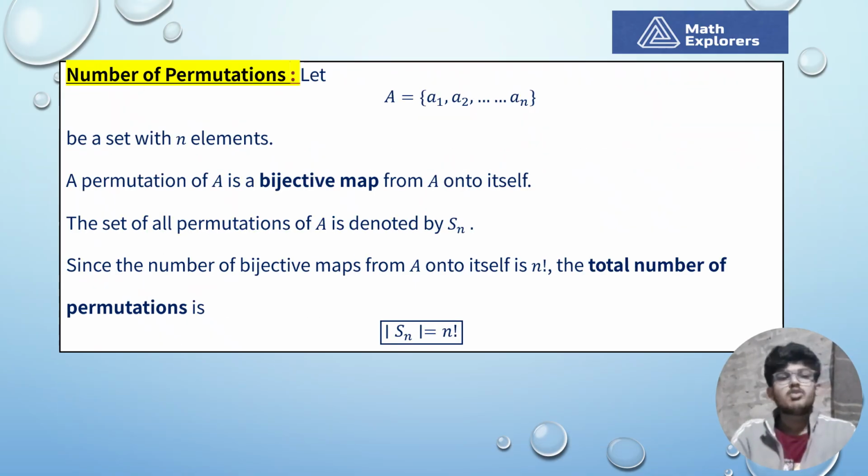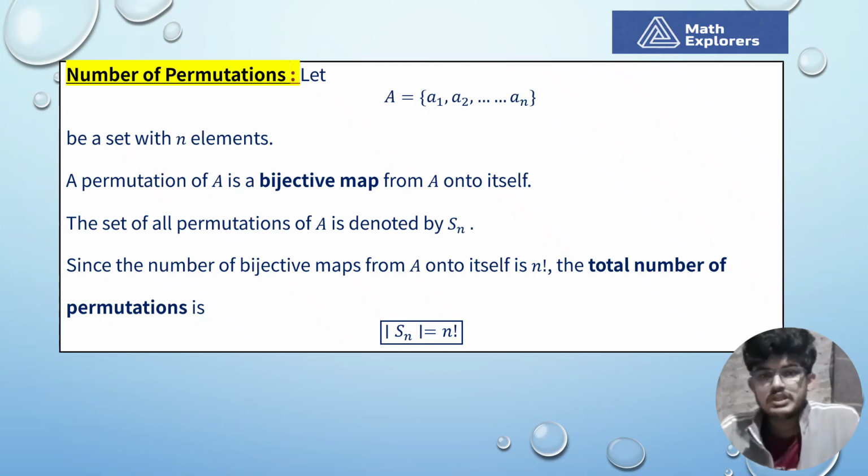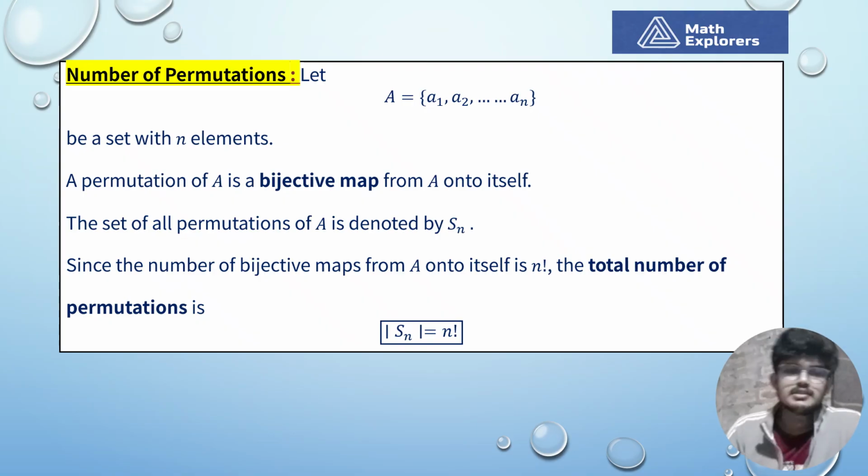Now number of permutations. Let A equal to {a1, a2, ..., an} be a set with n elements. A permutation of A is a bijective map from A onto itself.